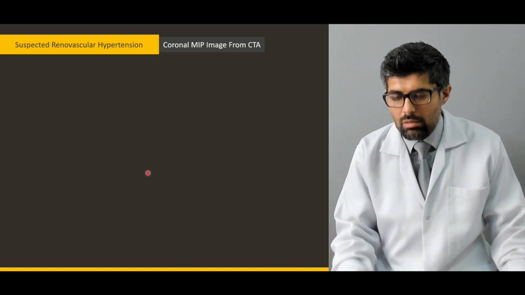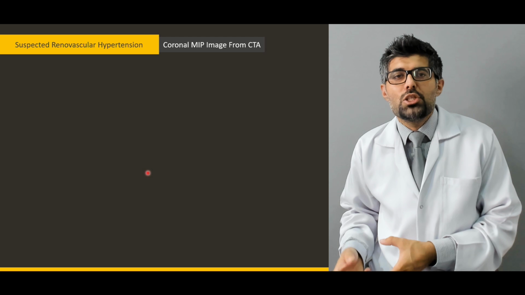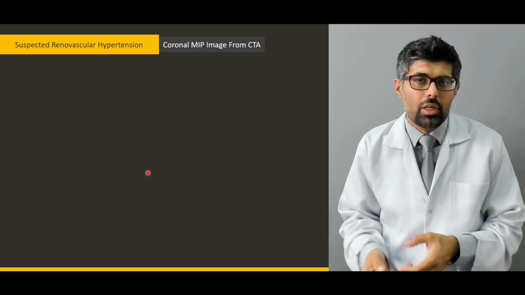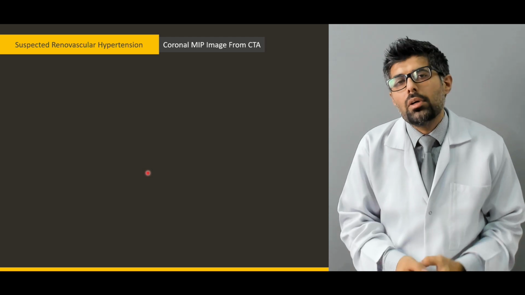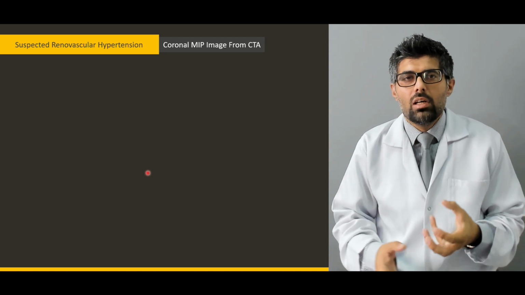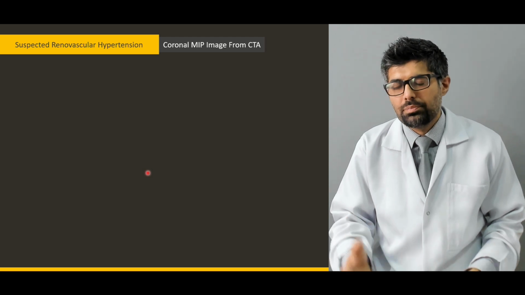MRI. And another very uncommon study but still important is where we inject carbon dioxide inside the artery via catheter. This carbon dioxide flows with the blood and provides a kind of negative contrast enhancement on the images.